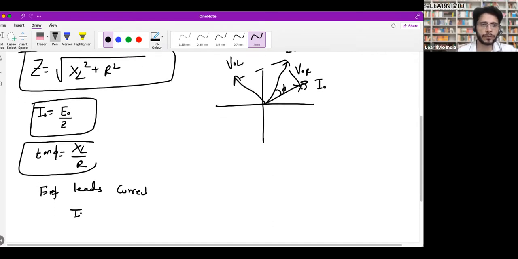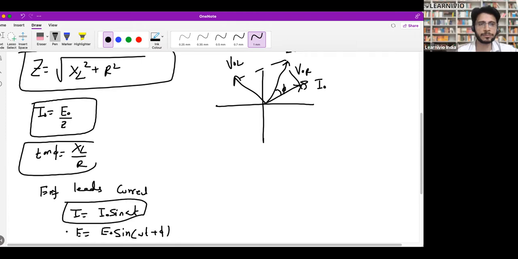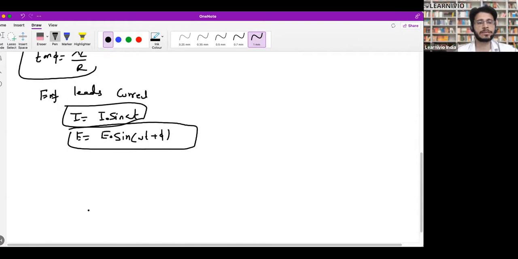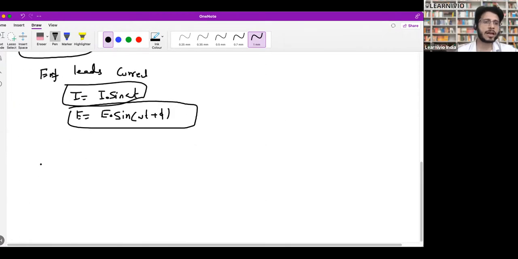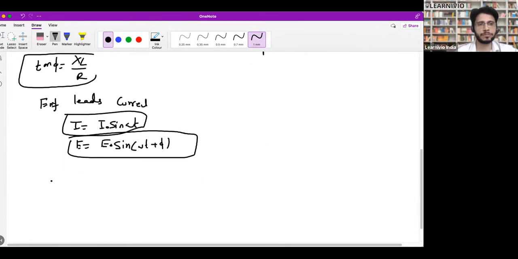If the equation of current is I naught sine omega t, then the EMF is E naught sine omega t plus phi. If you take current as I naught sine omega t, then EMF will lead.